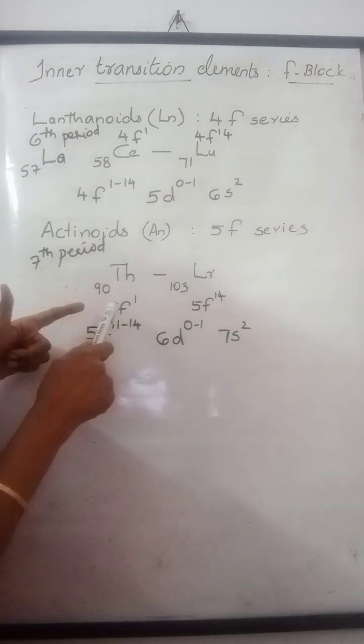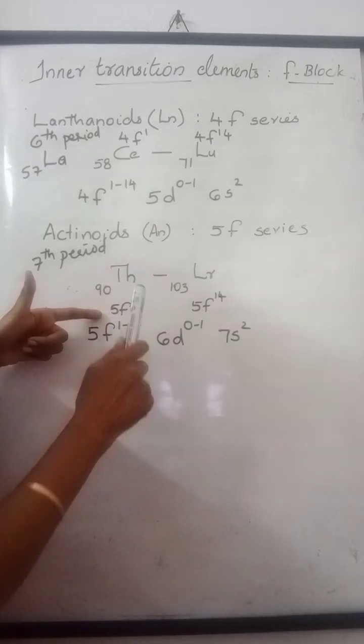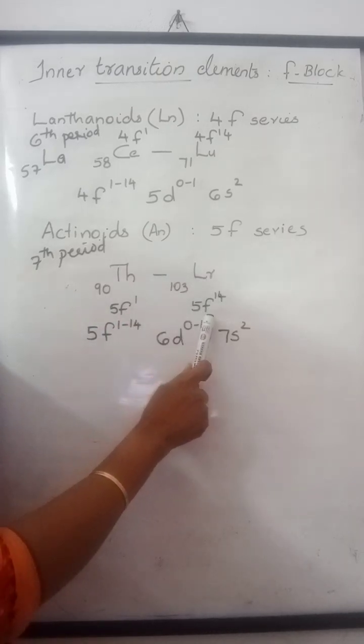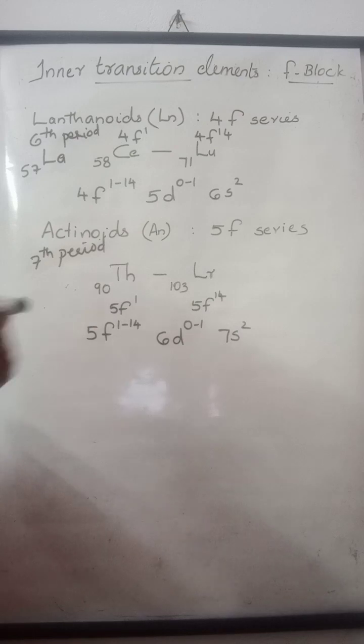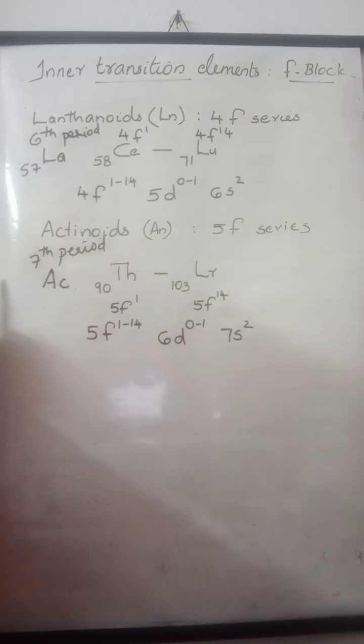Here in thorium it starts with 5f1, and in lawrencium, the last, 14th element, the 5f atomic orbital is complete with 14 electrons. These elements, actinoids, come after actinium of the 7th period. Actinoids belong to the 7th period of the periodic table.